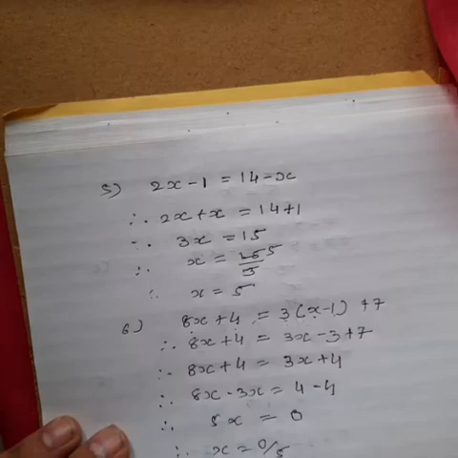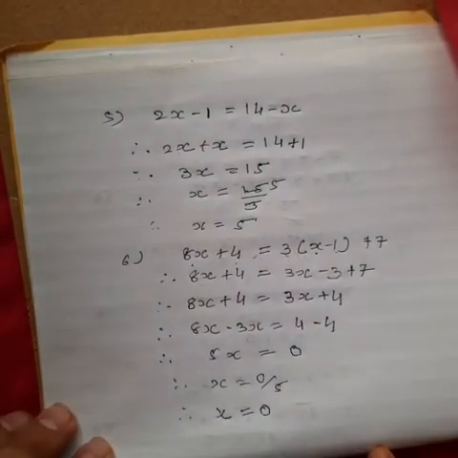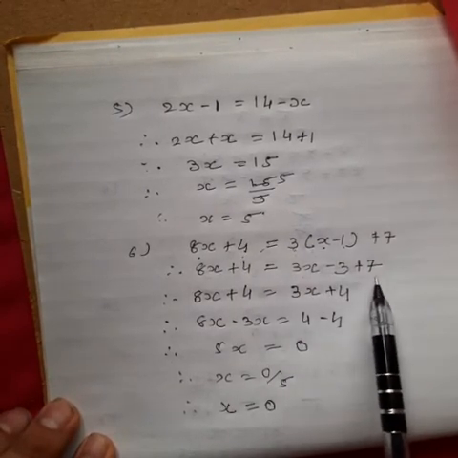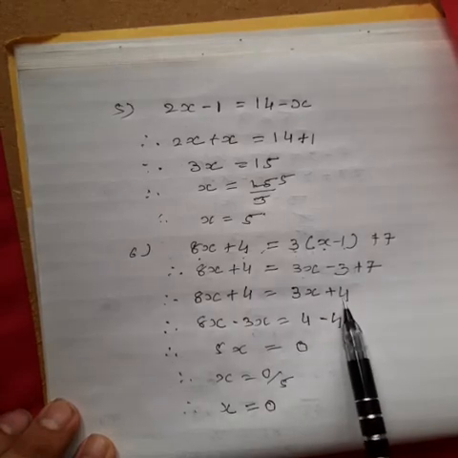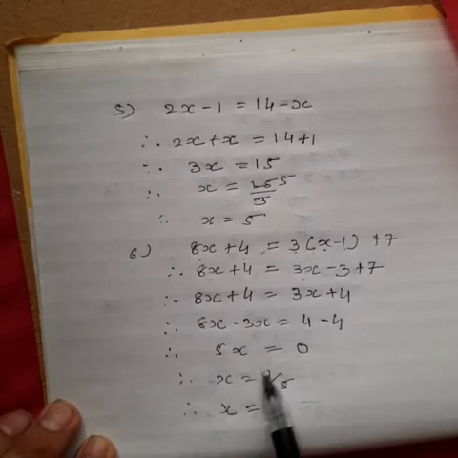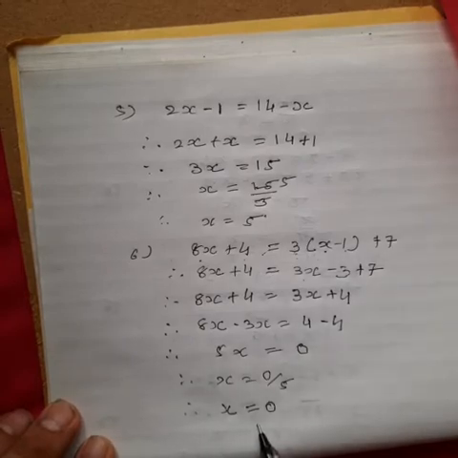Get it? Resolve the bracket. Simplify constants. Shift x to one side, constants to the other side. Divide 0 by 5, that is 0. Okay.